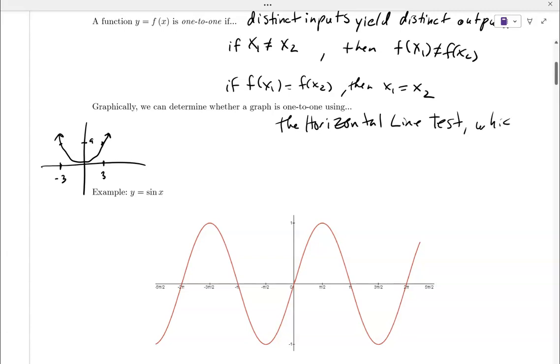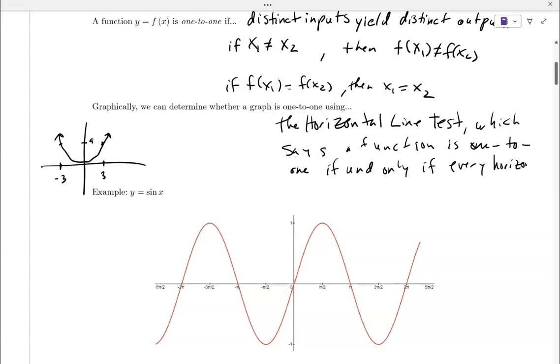And that horizontal line test says that a function is 1 to 1 if and only if every horizontal line crosses the graph of the function at most once.